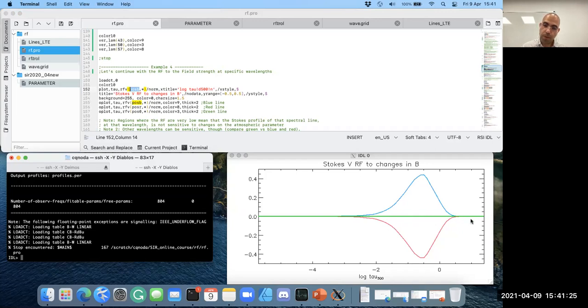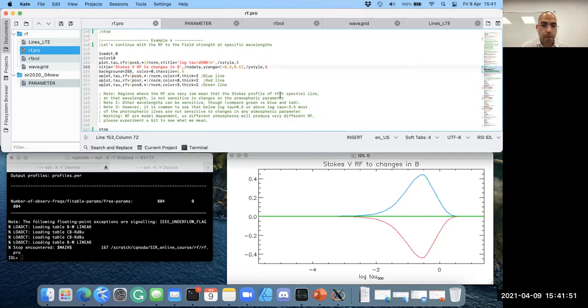But if we change the atmosphere in this region, this spectral wavelength position will not change, and the same in this case. And on the opposite side it will be the same shape because the line is symmetric, but with opposite sign, okay? So it's essentially what we had before, but just fixing one wavelength, okay?